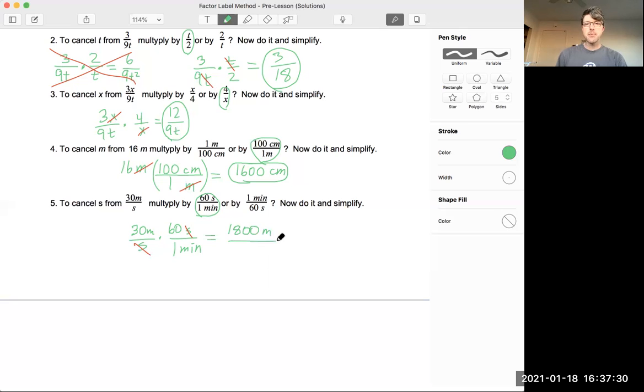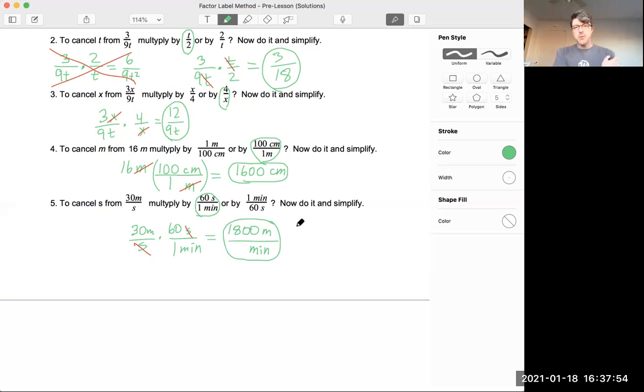And then on the bottom, we have 1 minute. Well, I'm not going to write 1. I'm just going to write MIN. So again, this is 1800 meters per minute.